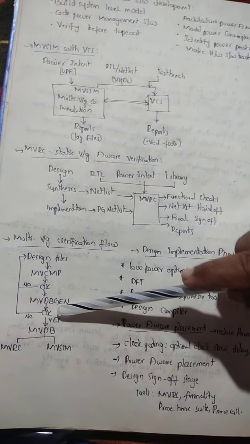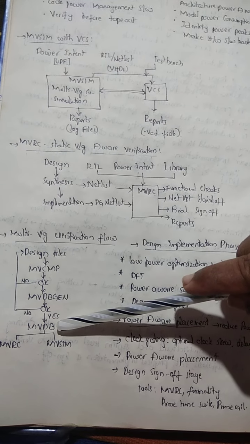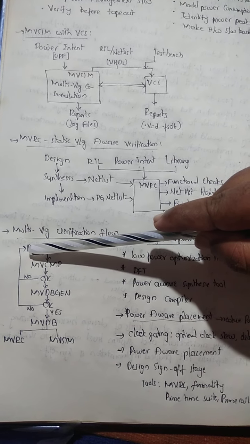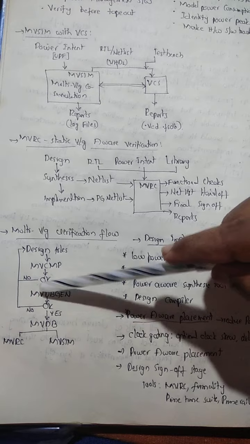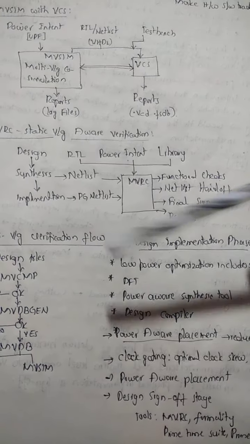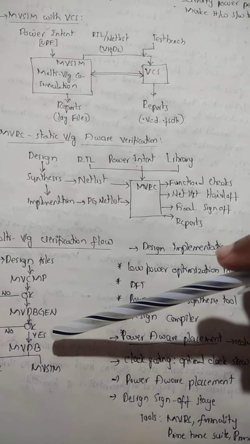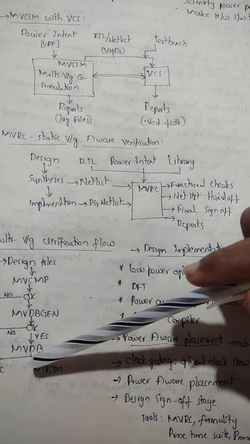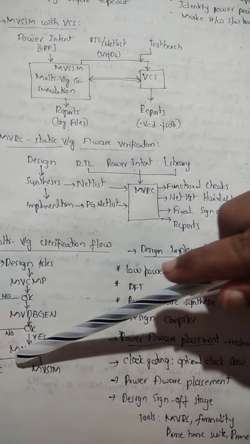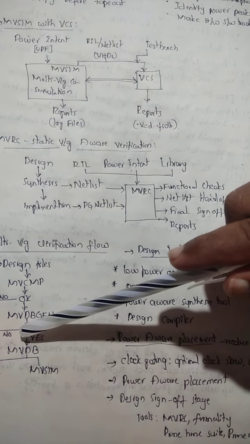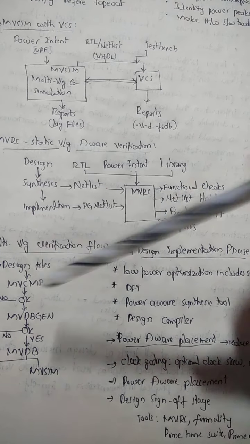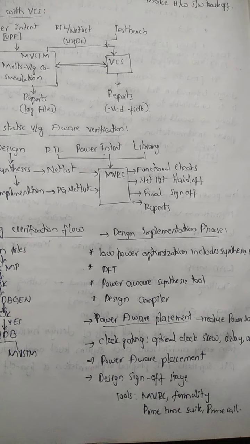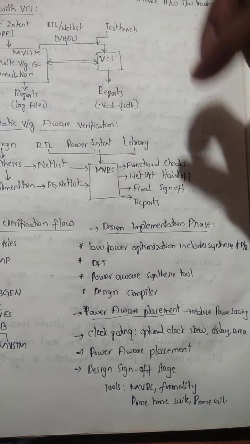If it is okay, it directly enters into the MVDB, otherwise it goes back to the design stage. Then it goes to the MVSIM, which co-simulates with the VCS to do the voltage-aware functional simulation.